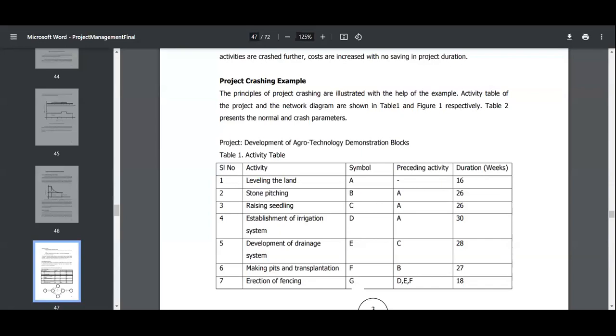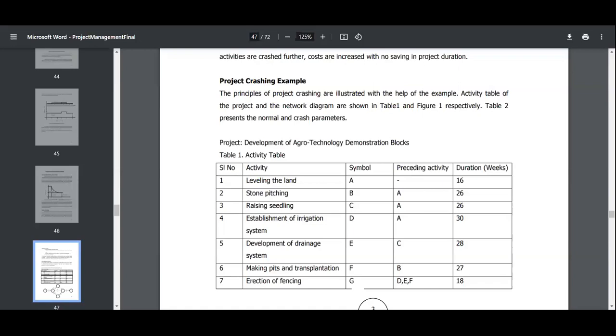So here we have seeding, and then establishment of irrigation system, then development of drainage, everything with a symbol. They have mentioned the preceding activities. A preceding activity means which activity it depends on. The first activity does not require any preceding activity, right?